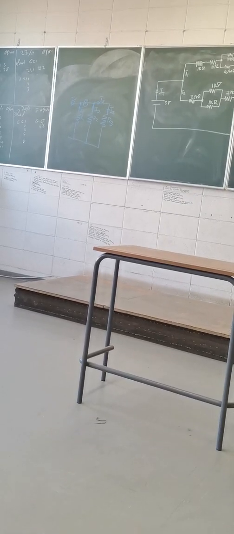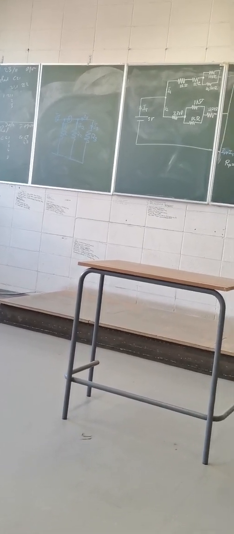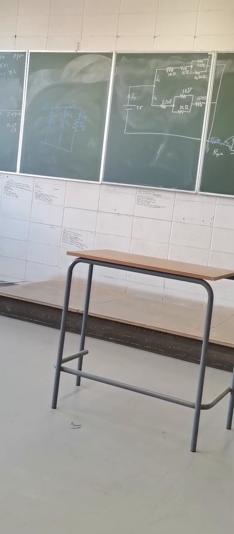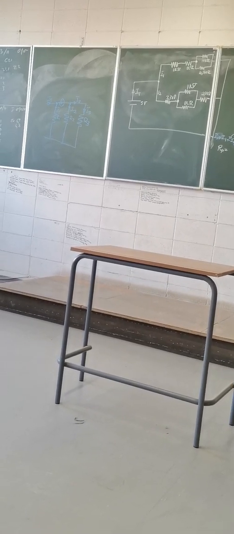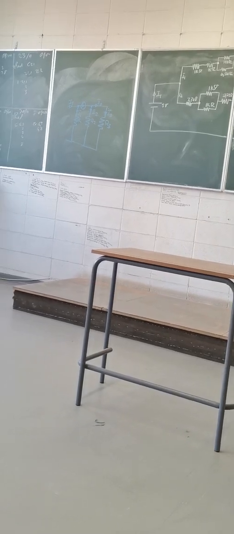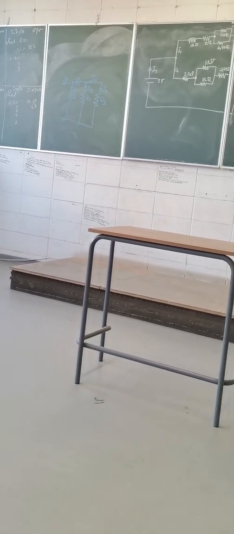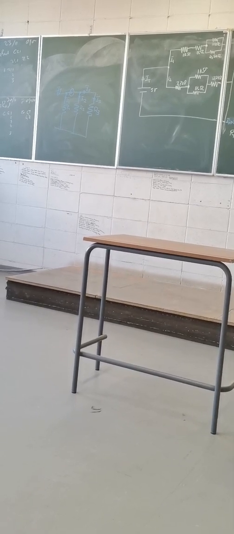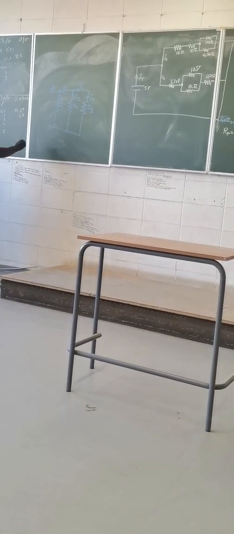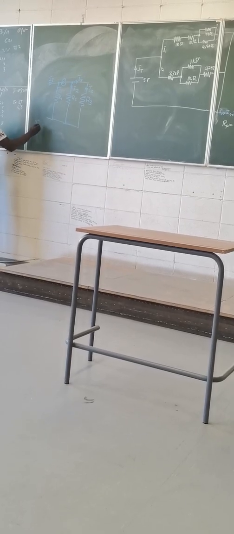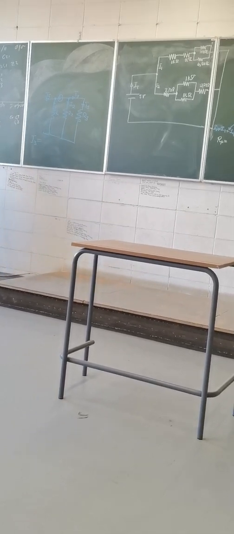But I want the one which is going to R3. If it is three components which are connected in series, is it right for me to go and say I of R3 is equal to?